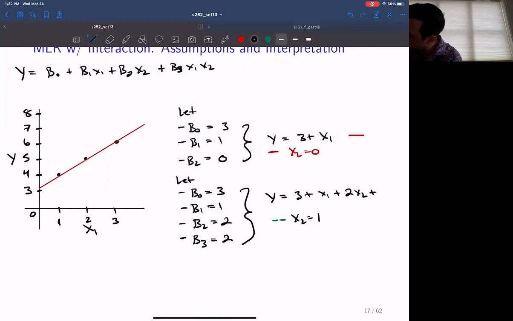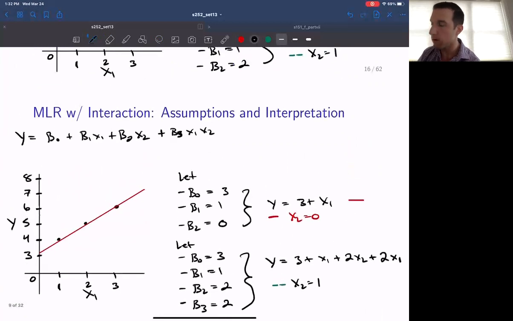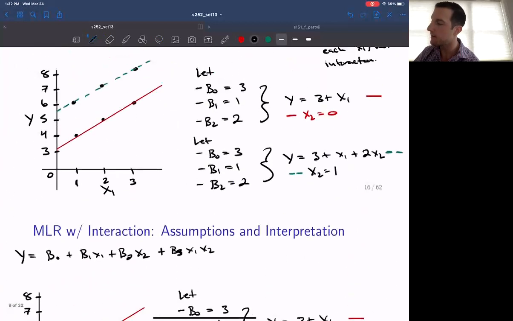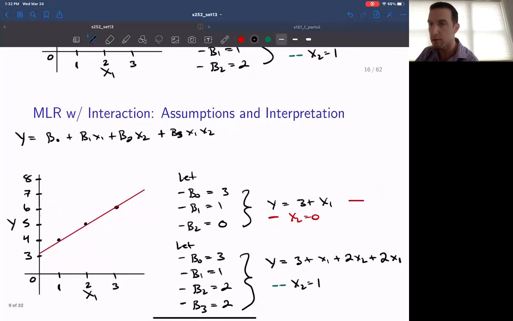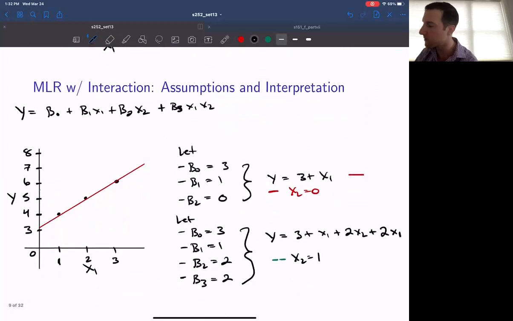Okay, so then we're going to have 2 times x1. Okay, so when x2 is equal to 0, the interaction model and the model without interaction have the exact same form. So the red line showed in the first illustration is going to be exactly the same as the red line showed in the second illustration.